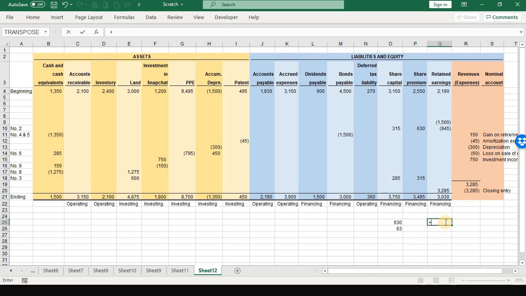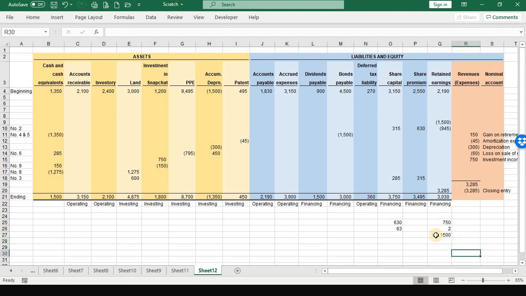So that is 3,750 divided by par value of 5 pesos. So the number of shares outstanding as of August 1 is 750 shares. And since the cash dividend is at 2 pesos, so the total dividends that is declared in number 7 is 1,500.